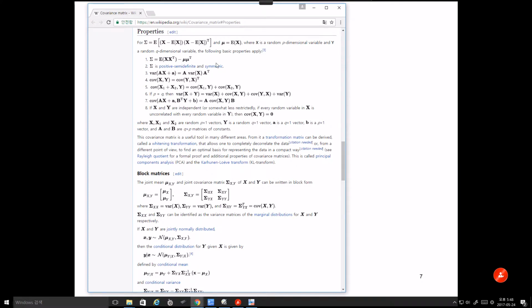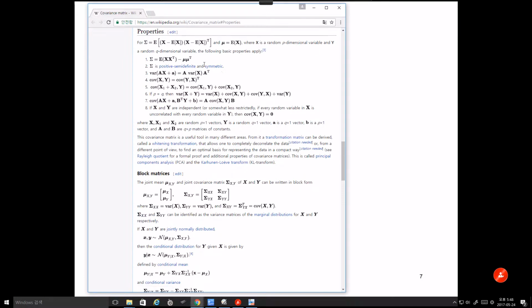We have two ways to calculate covariance. And this is positive semi-definite and symmetric. Positive semi-definite roughly means this matrix has some sort of positivity. Variance is always positive, so the covariance matrix should have some sort of positivity.